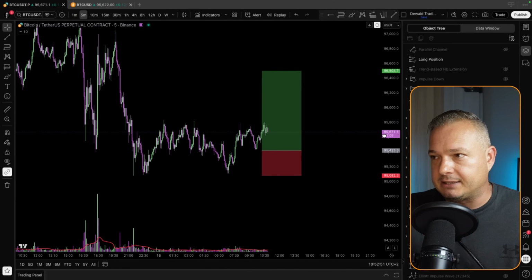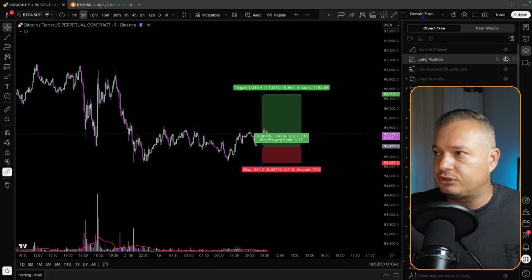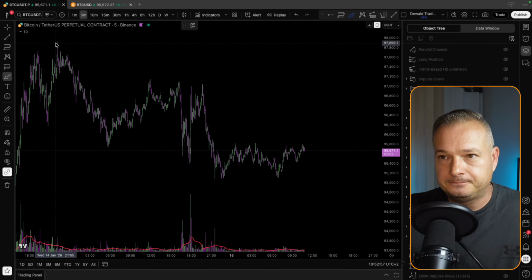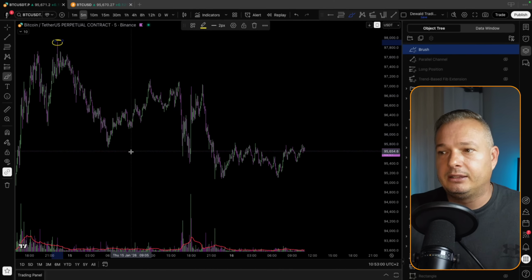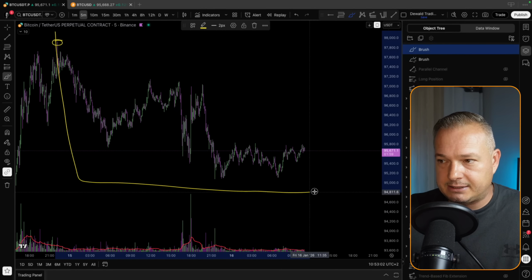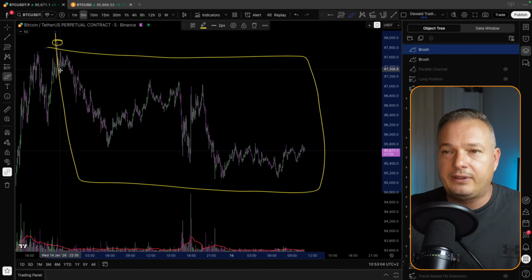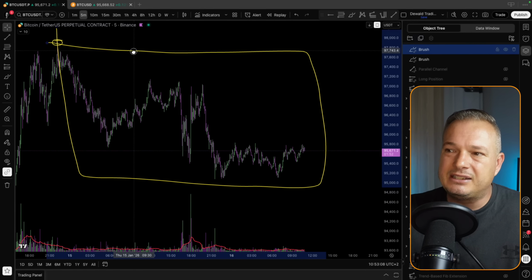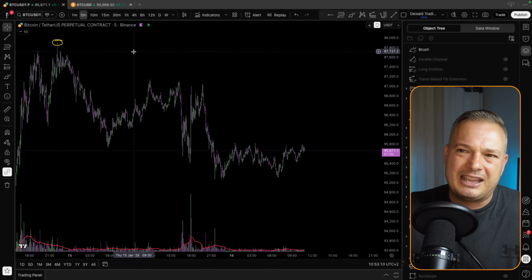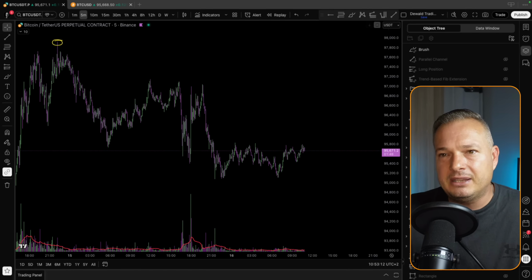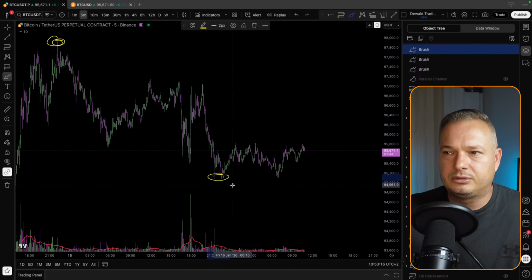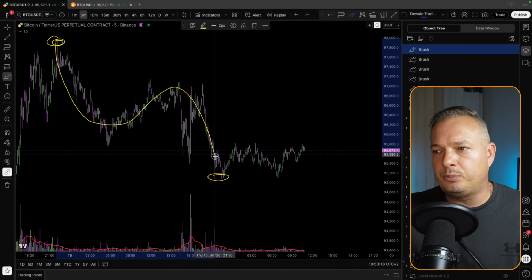So when I looked at this little structure from the high that we formed over here, I was trying to figure out this morning, is it impulsive or is it corrective? Can I count something completed from this high to this low? Is there a chance that this could be a completed 3-wave structure?